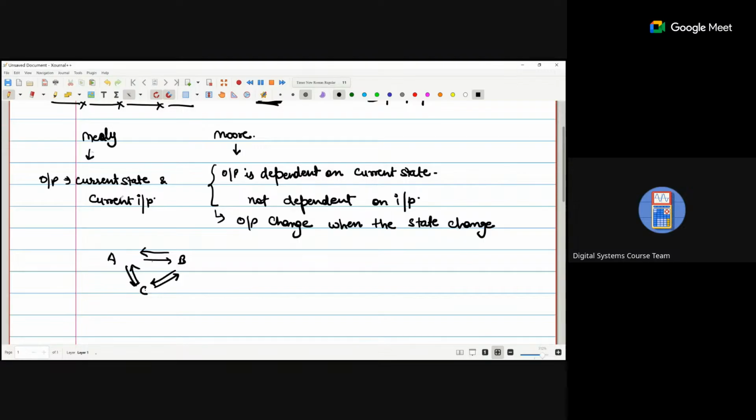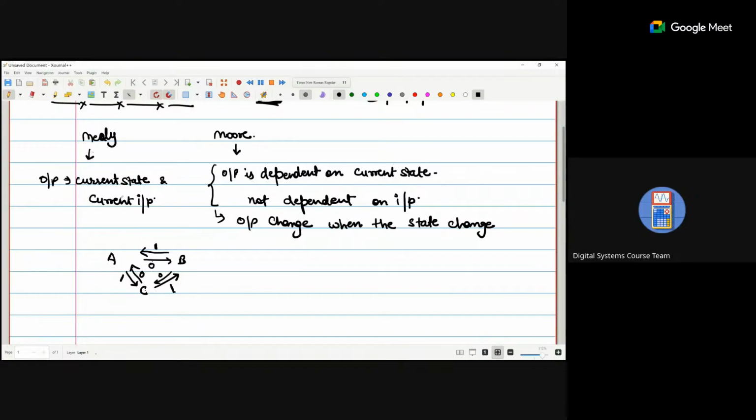If we apply a 0 input at A, we go to B. If we apply a 1 input, we go to C. From C, if we apply the 0 input, we go to B. If we apply a 1 input, we go to A. Or, from C, if we apply the 1 input, we go to C, or with 0 input, we go to A. Now from B, if we apply the 0 input, we go to C, and if we apply the 1 input, we go to A. So there are lots of ways; on the basis of input we decide which state we are going to.